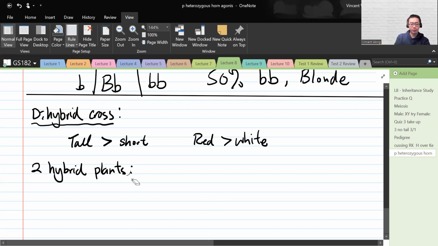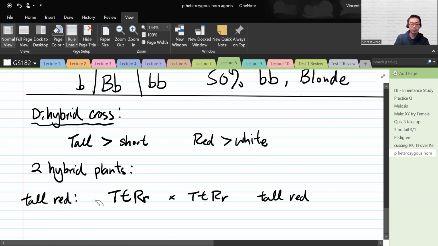Hybrid means they are different, right? The two alleles. So it would be big T, small t, big R, small r. So that's going to be a tall red plant, but hybrid because it has different alleles for the T and different alleles for the R. So let's say we have two of such plants. We're going to cross it with another big T, small t, big R, small r, another tall red plant.